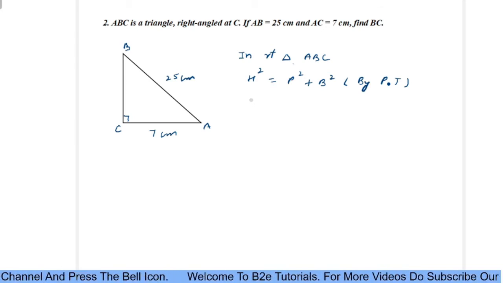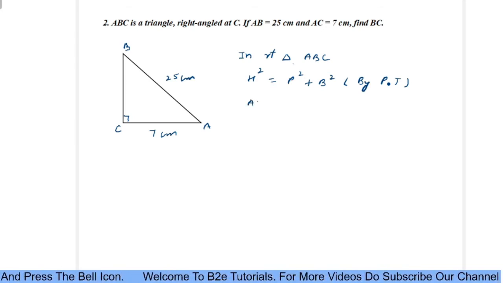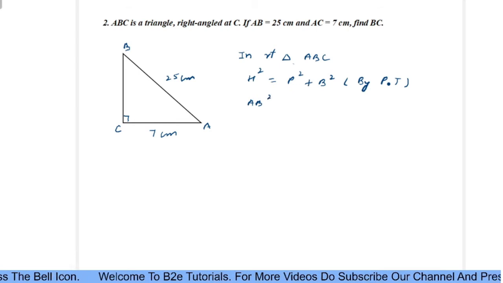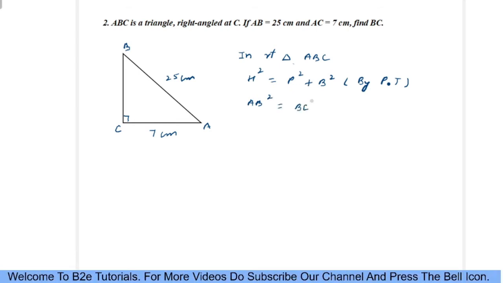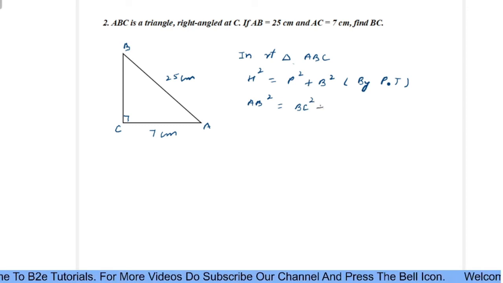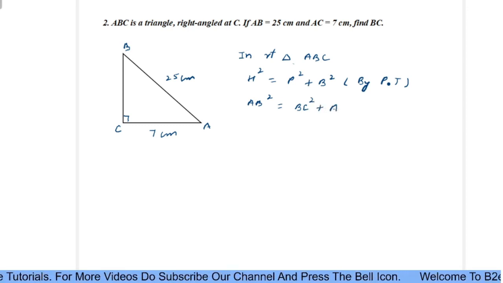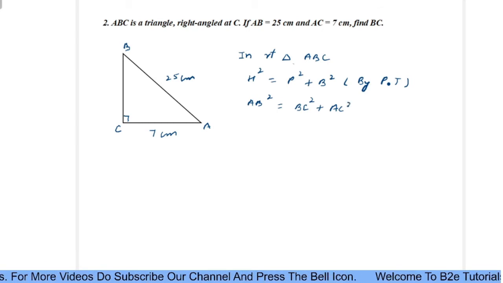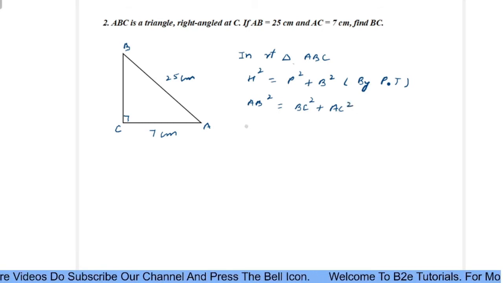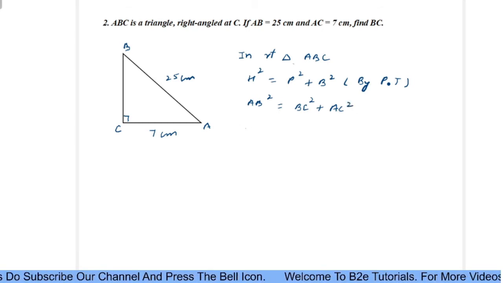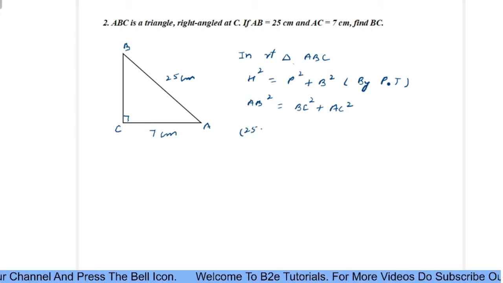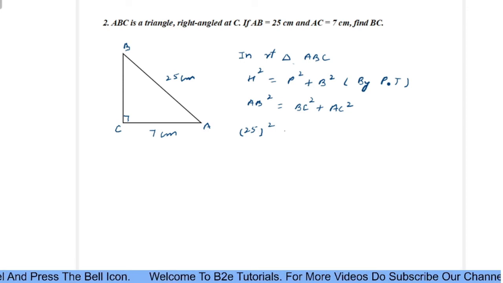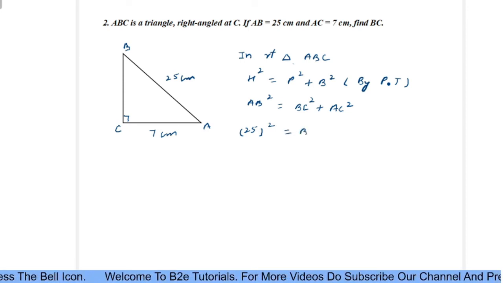Hypotenuse, here it is AB. AB square equal to perpendicular, it is BC. BC square plus base, it is AC. AC square. Here AB is 25. Write down 25 whole square equal to BC. You have to find out.